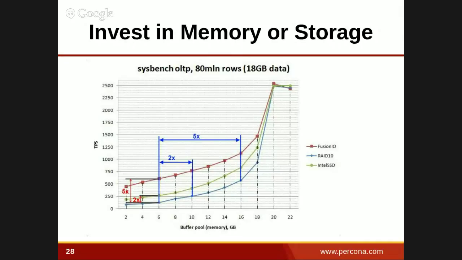Because in this case, for example, going from 2 gigabytes to 6, you would get much more from using the high-performance storage than from tripling your amount of memory, right? And there are cases like that on the larger side as well. There are some workloads where you may do much better with high-performance storage than having half a terabyte of memory instead of, for example, 128 gigs, right?